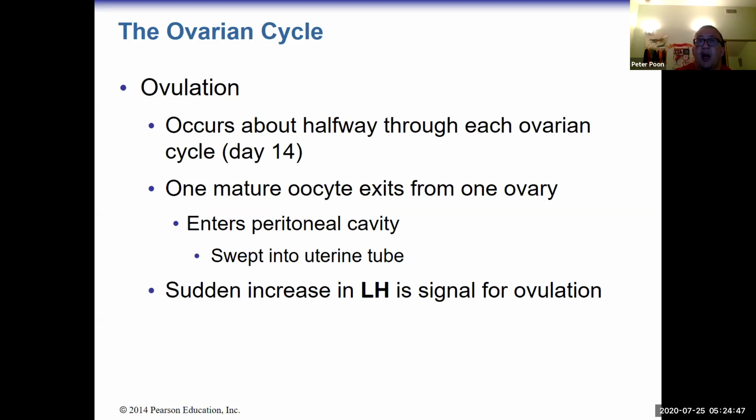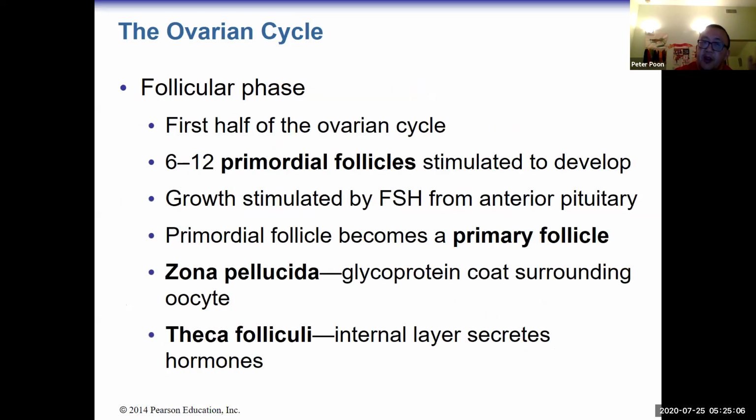Ovulation occurs about halfway through each ovarian cycle, about day 14. It doesn't have to occur on day 14. Everyone's monthly cycle is different. What alters though is the follicular phase.